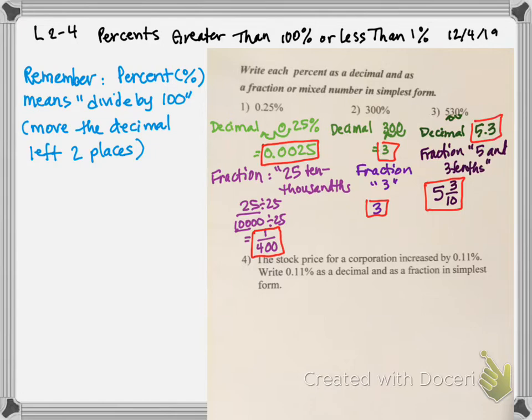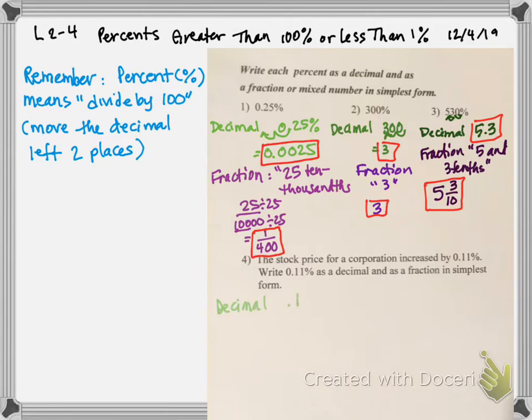All right, number 4 says the stock price for a corporation increased by 0.11% or 11 hundredths percent. Write 11 hundredths percent as a decimal and as a fraction in simplest form. So let's start with the decimal.